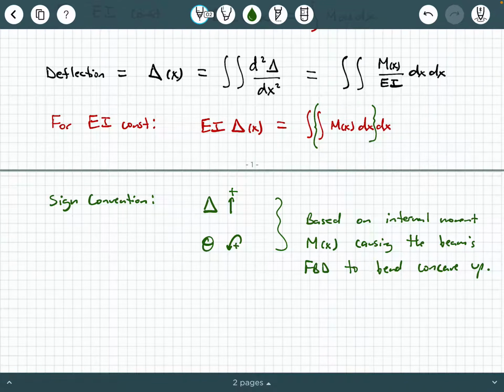And this is our standard sign convention when we were learning method of sections and we were determining internal moment functions from method of sections.